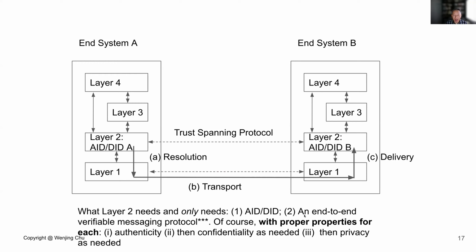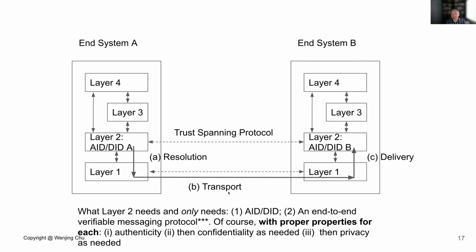And an end-to-end verifiable messaging protocol is simply a way for any two DIDs to be able to send a message from A to B. And in order to realize that, we need address resolution. So from layer 2, the DID we need to look up, so that we translate a DID into some address the lower layer transport protocol can use.